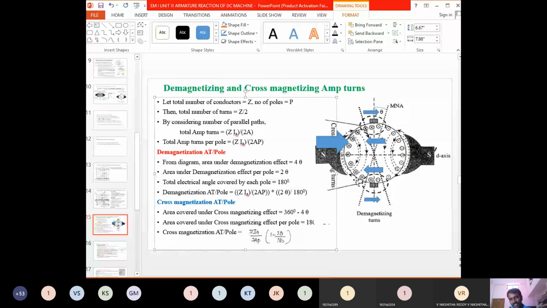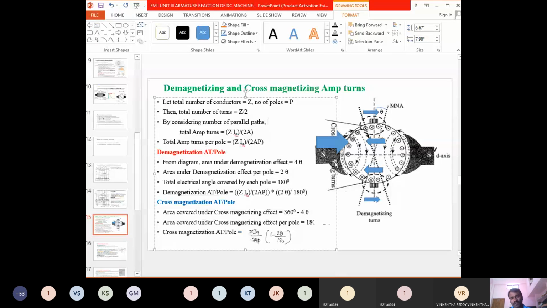I'm re-verifying; we can cross-verify in so many ways. Which portion of the conductors are leading to the demagnetization? These top and bottom portions of the conductors are leading to the demagnetization effect. And this portion of the conductors are cross-magnetizing conductors or turns.